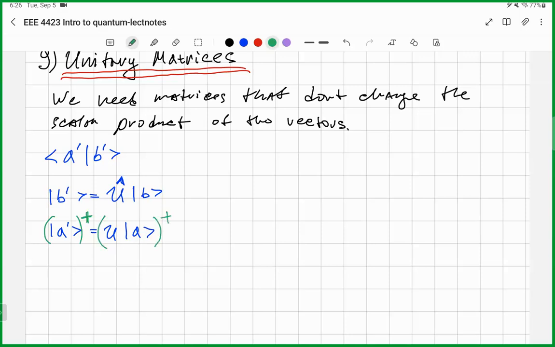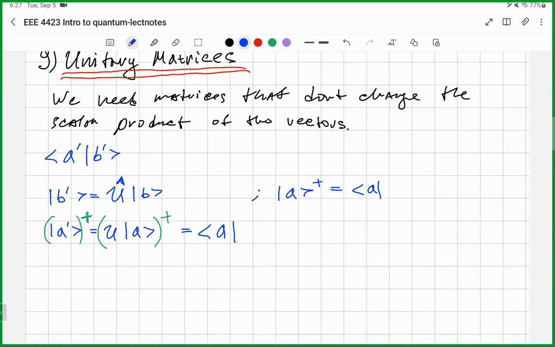So when I apply this dagger, I will get this vector A, because this is another reminder that bra and ket vectors are connected through the Hermitian conjugation, through this dagger operation. For example, the ket A dagger is equal to the bra vector A.